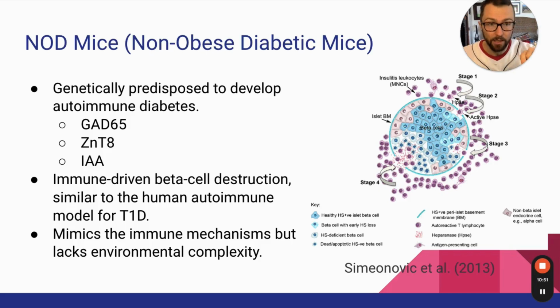So this, instead of causing destruction from the inside of the beta cell and then seeing how the body responds outside of it, is attacking from the outside in, having the immune system be the instigator. So this mimics the immune mechanisms but lacks the environmental complexity.